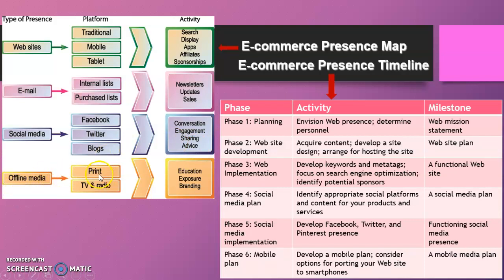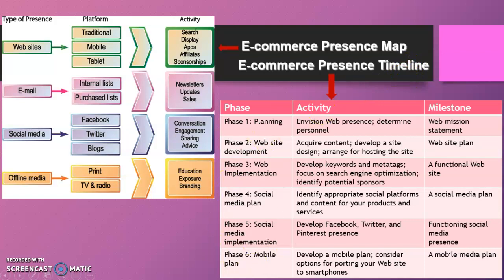For offline media, you have to look at printed media, maybe flyers, posters, buntings or banners, and also TV ads and radio ads. For offline media, you have to put in education, exposure about the product or services, and also branding.